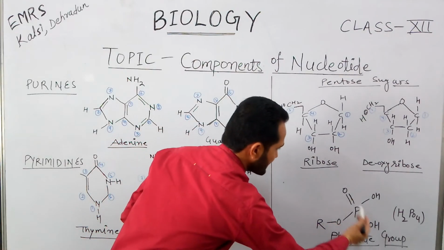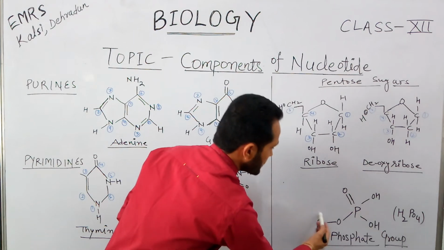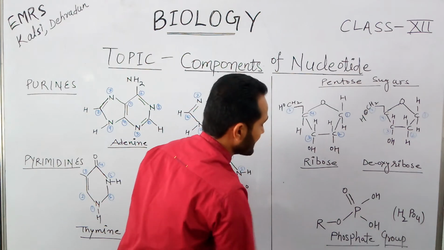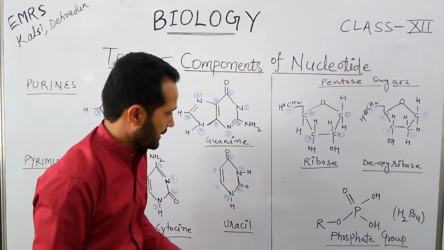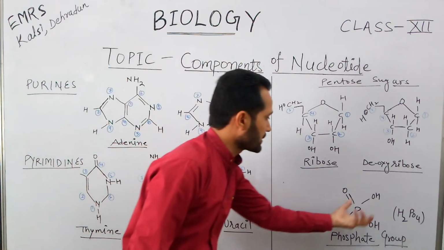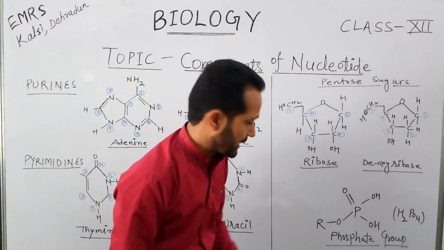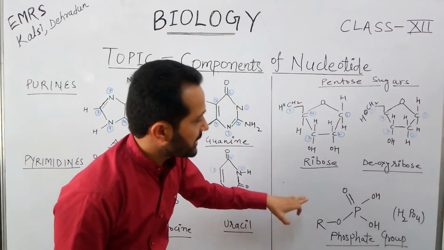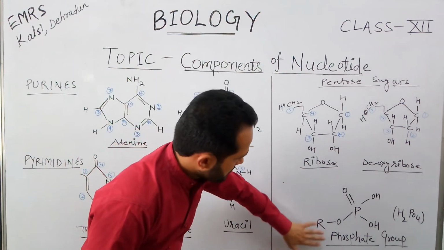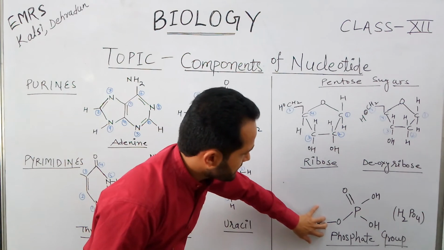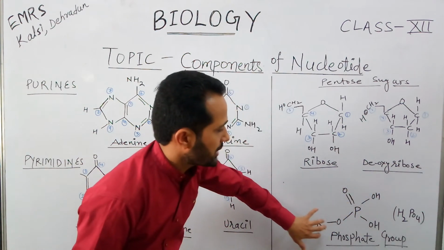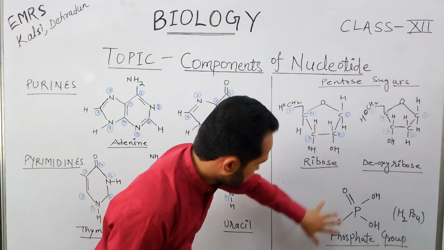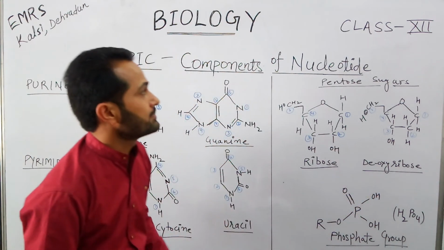One of the oxygens out of the 4 oxygens should be connected with any other element or any other alkyl group. Otherwise, it will be considered as phosphate ion. So this is the structure of phosphate group. If this group is not present here, this will be considered as phosphate ion. So this is the phosphate group which is present in nucleotide.